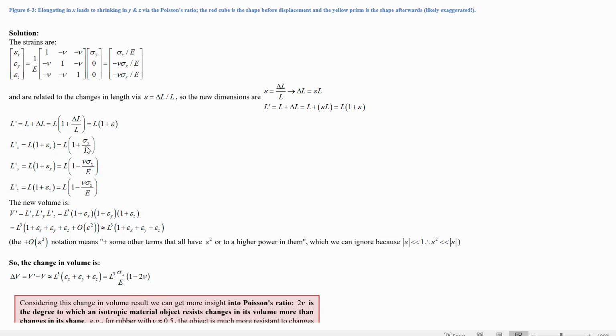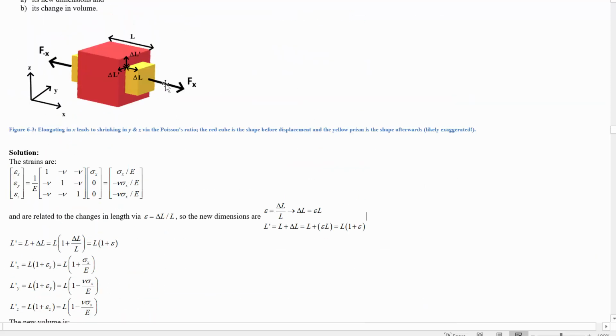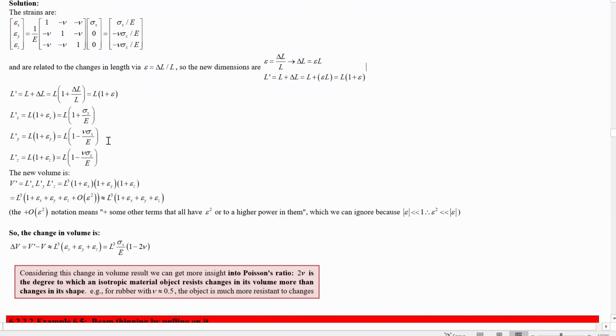So we'll have sigma x over E in all 3 terms, we can factor out, and we'll have 1 minus 2 nu. And this tells you a little bit about what the Poisson's ratio is, right? This kind of puts numbers to this thing we were talking about before. If nu is 0, then the volume change is directly just like this length change that we would have in that one direction, because it doesn't compress in the other directions at all.